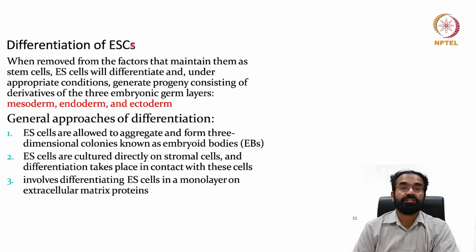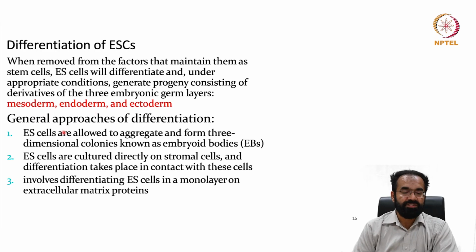So the differentiation of embryonic stem cells, how do we differentiate? When removed from the factors that maintain them as stem cells, such as the feeder layer, ES cells will differentiate, and under appropriate conditions, they can generate progeny consisting of derivatives of the three embryonic germ layers, that is mesoderm, ectoderm, and endoderm.